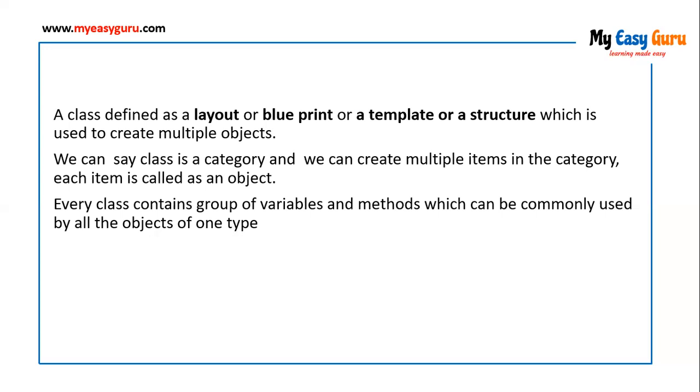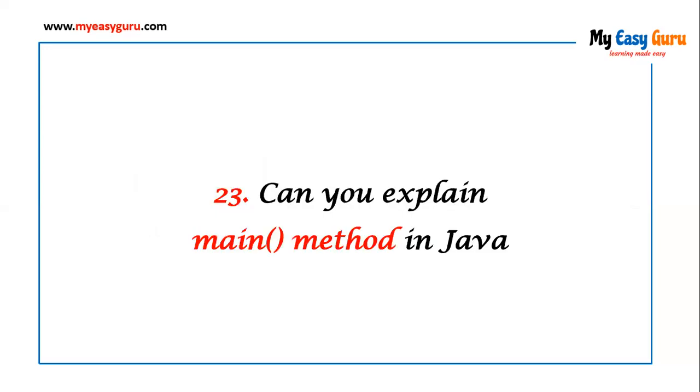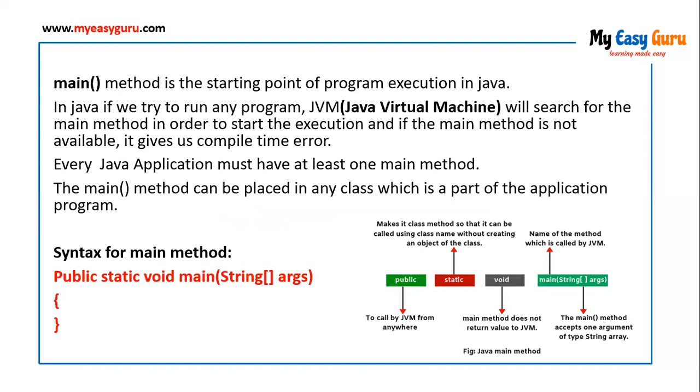Let's move forward to the next question. Can you explain main method in Java? Let's understand. Main method is the starting point of program execution in Java. If we try to run any program, the Java virtual machine, that is JVM, will search for the main method in order to start the execution.